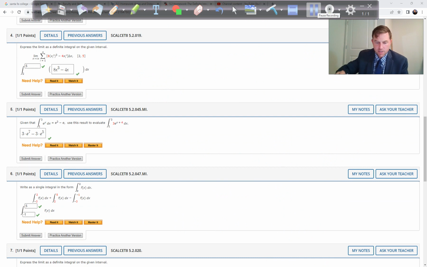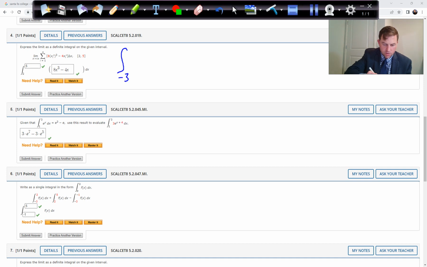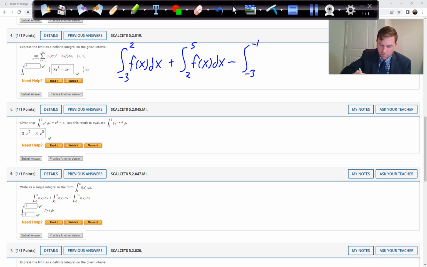Okay, problem 6 is going to want us to look at a couple integrals and see what we can do. So it says we have the integral from minus 3 to 2 of f of x dx plus the integral from 2 to 5 of f of x dx minus the integral from minus 3 to 1 minus 1 of f of x dx.